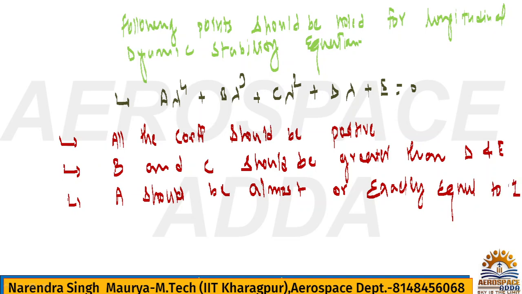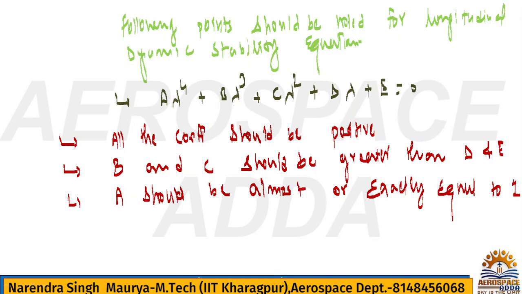Now this is the pattern of the stability equation, also called the characteristic equation. So all the coefficients A, B, C, D and E should be positive. B and C should be greater than D and E. A should be almost or exactly equal to 1.